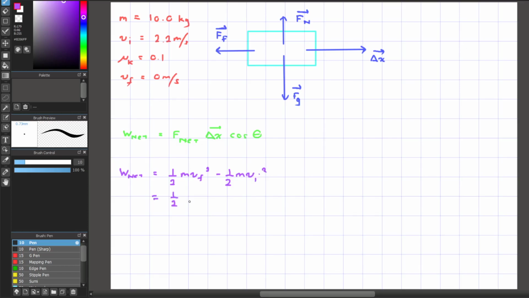Let's plug the values in. We get 1/2 times 10 kilograms times 0 squared minus 1/2 times 10 kilograms times 2.2 meters per second, also raised to the second power. We can work that out, and we'll get a net work of negative 24.2 joules.